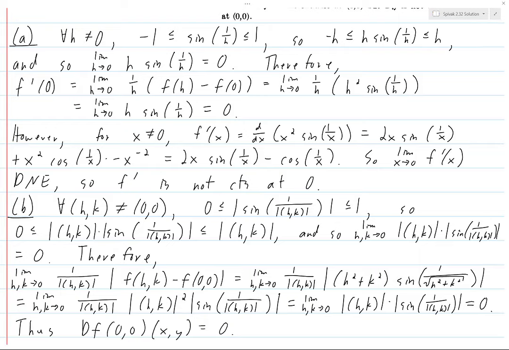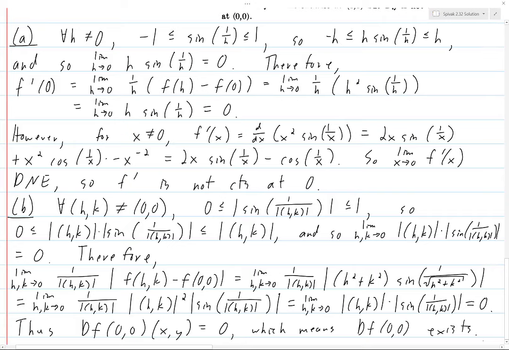That's true because df(0,0)(x,y) is 0, so when you evaluate this limit, you're evaluating precisely the limit we just proved is 0. So this linear function satisfies the definition of being the derivative of f at the origin, which means df at the origin exists.